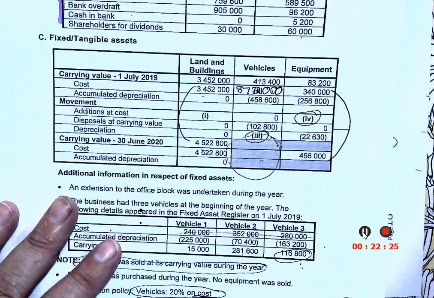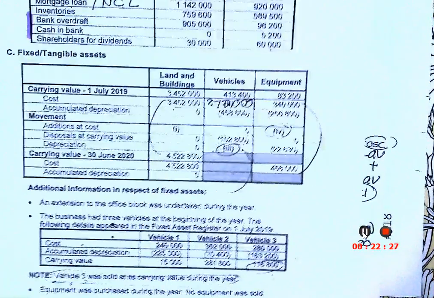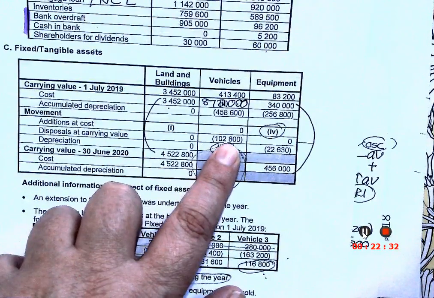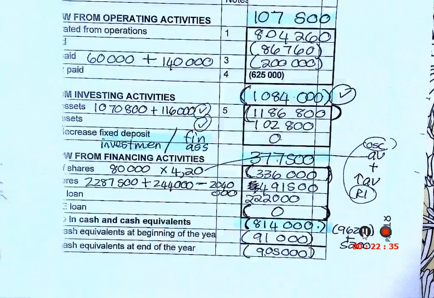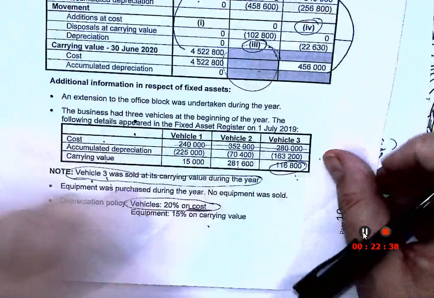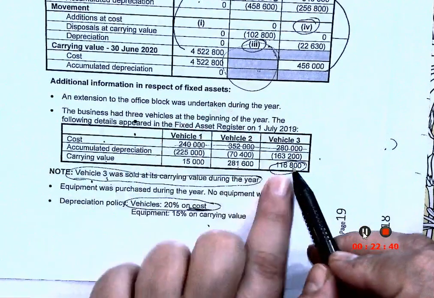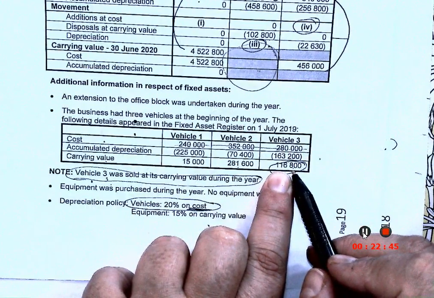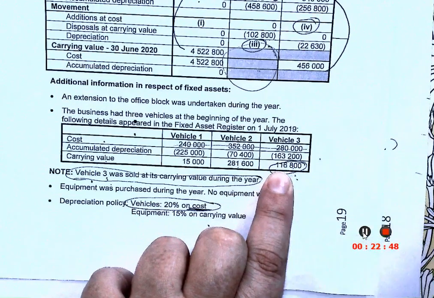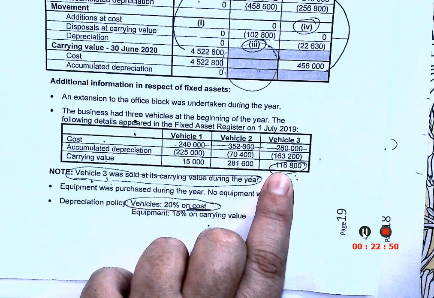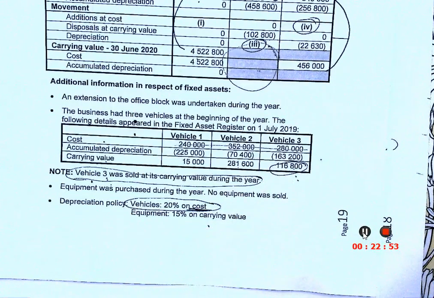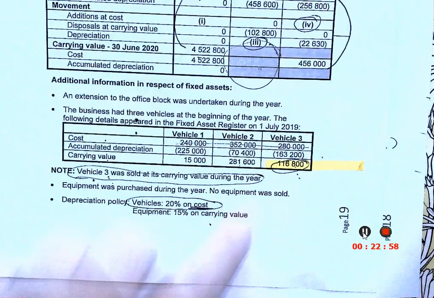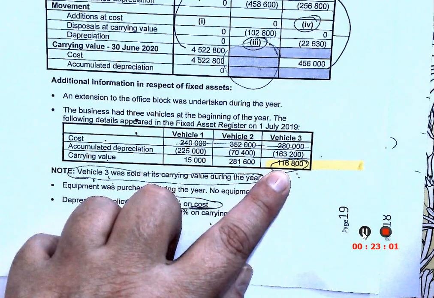Okay, now let's have a look. What can we do with this? They give me the disposal at carry value. Now if I look here, can you see they give me last year's carry value? Can you see that? I want you to listen. Can you see they gave you the start of the year carry value? They give me this year's carry value.